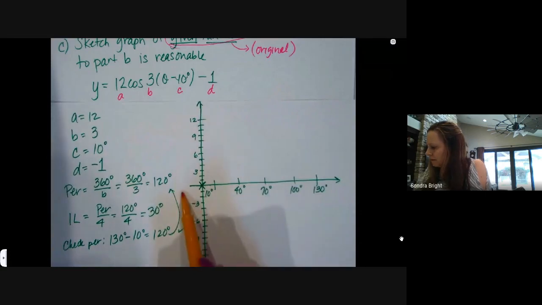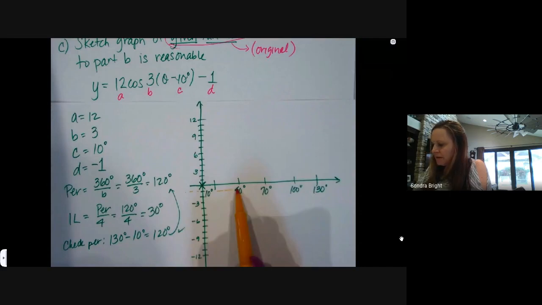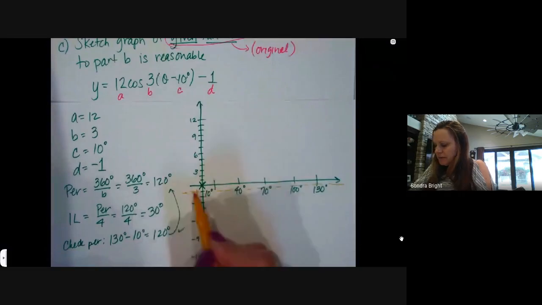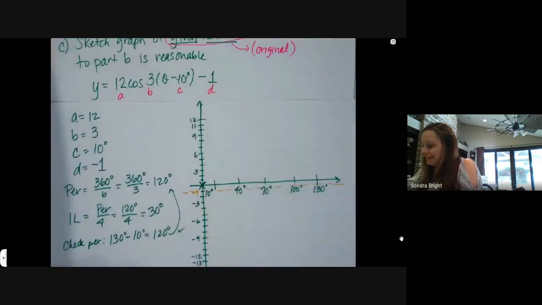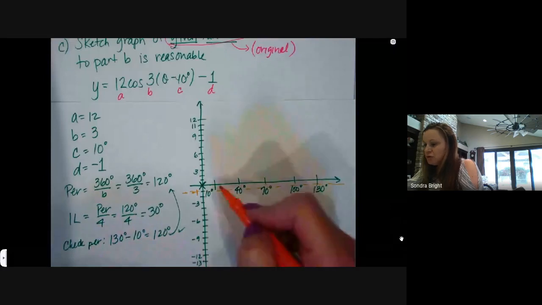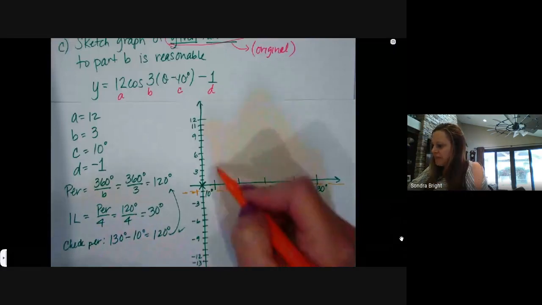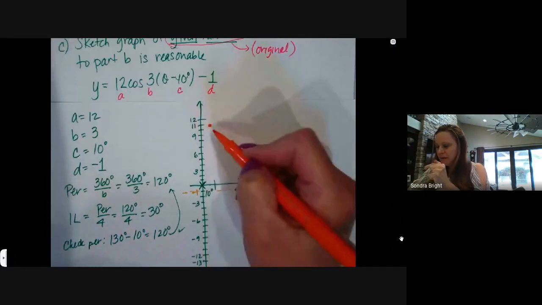-1 x-axis. So there's your middle, and from here, that's -1, you're going to go up 12 so that it'll be to 11. Your middle will be at -1, and then you need another down 1 for -13. So that at 10 degrees, you're actually at 11 because it would have been 12, but you're shifting down 1. At 40 degrees, you would have been at 0, but then you're shifting down 1, so there's a point.